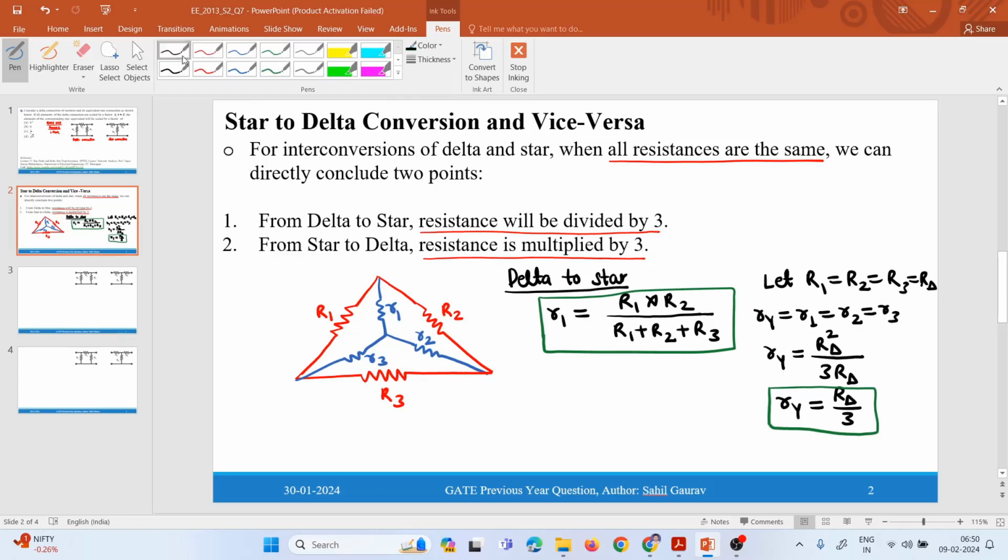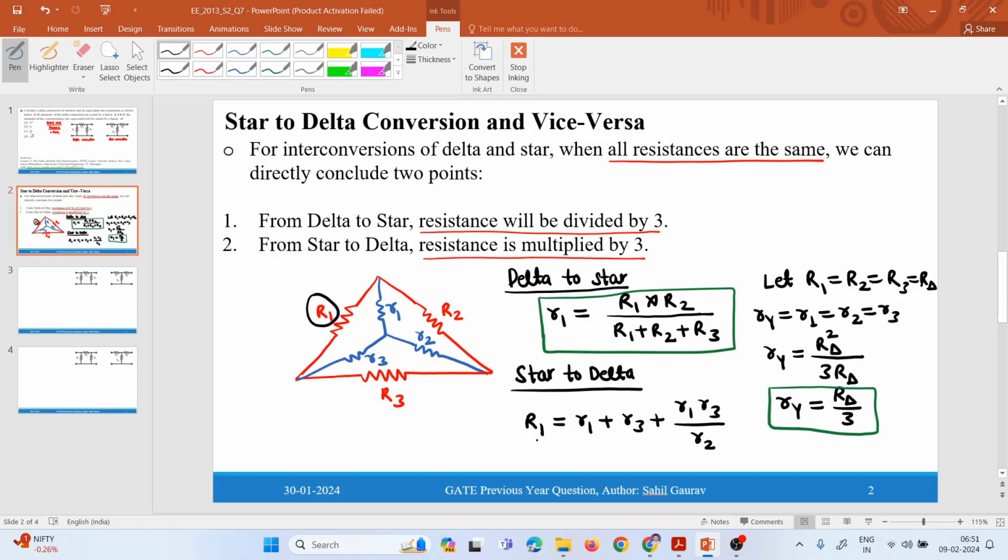In a similar way, we can write star to delta. If we want to write the R1 value from the star resistance values, it will be the summation of the adjacent resistors, r1 plus r3 plus r1 into r3 divided by r2.